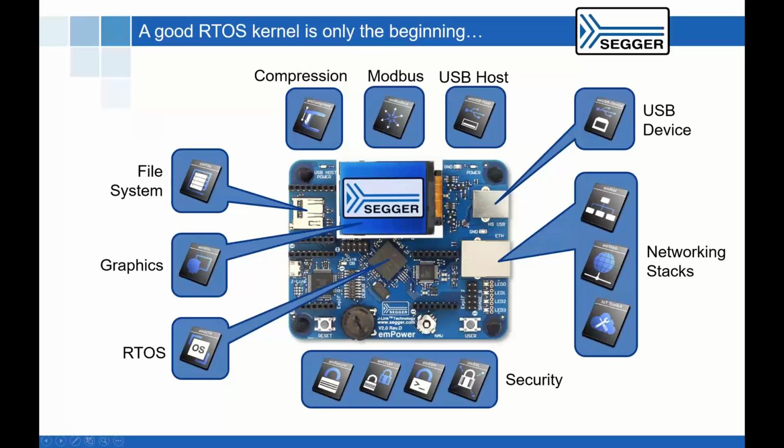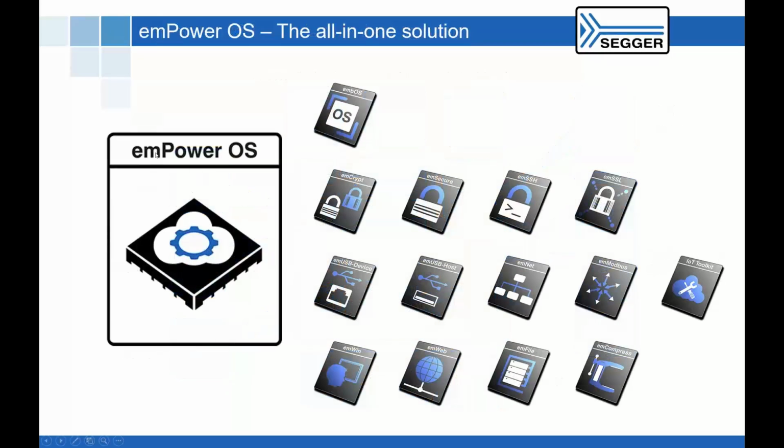I mean, you can buy these a la carte, essentially these different components, or if you have a system that needs most of it, this is where emPower OS comes in. You basically buy the all-you-can-eat menu, and all these components are included in that in source code form.